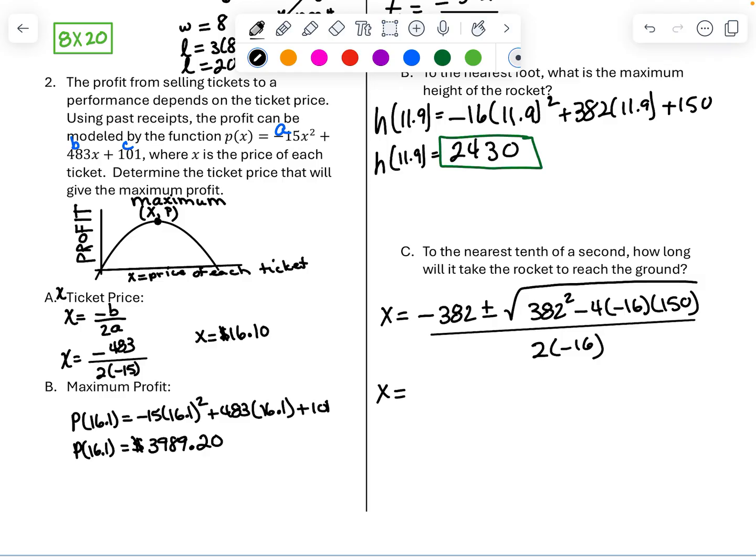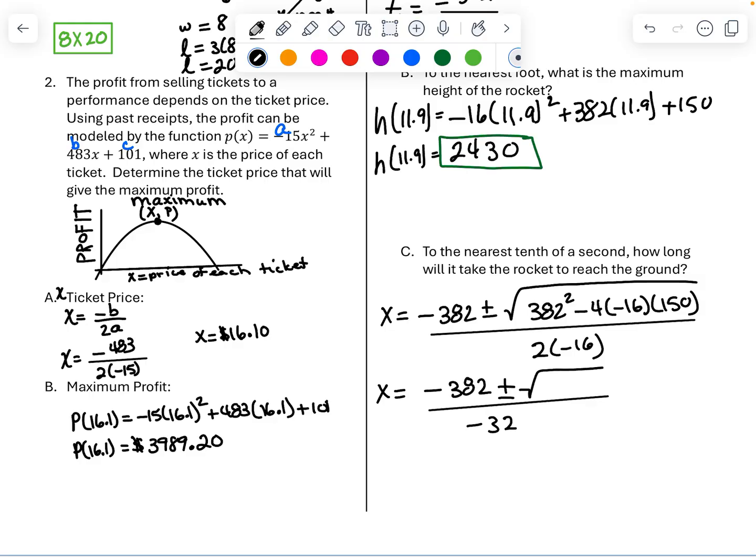So we want the discriminant. And by the way, we only want the plus part of this, because if we do the minus part, we're going to have a negative number, I think. Well, we'll check. But I think that's true. All right. And this is negative 32. But let's do the discriminant first.